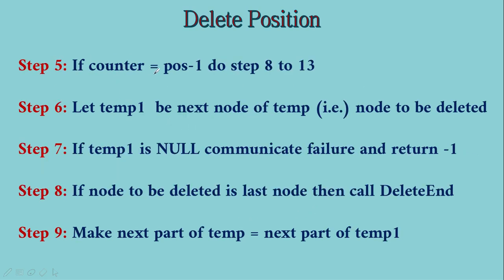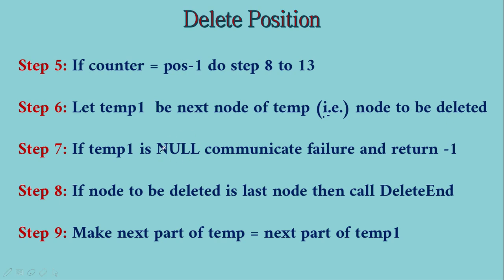The step immediately after the loop: there are 2 cases in which the loop may break. One is that I have reached the node at position minus 1. The other is that I might have broken because I have reached the last node. So you check here, if counter equals position minus 1, then you do steps 8 to 13, where we have temp1 pointing to the next node, the node to be deleted.